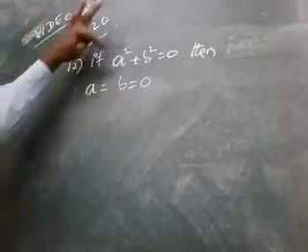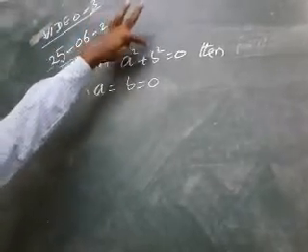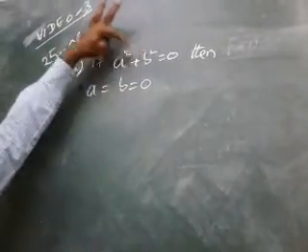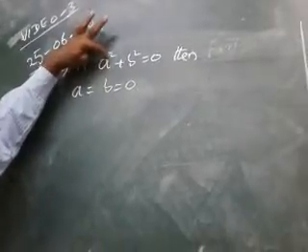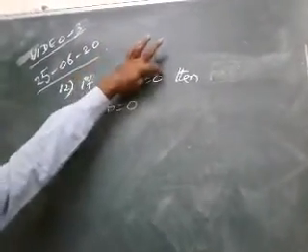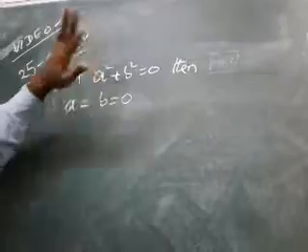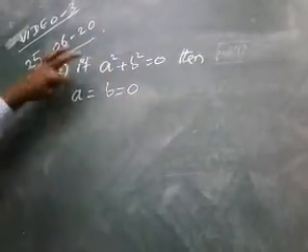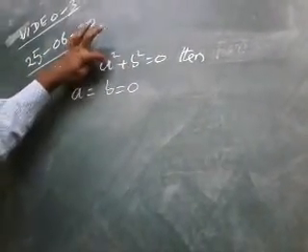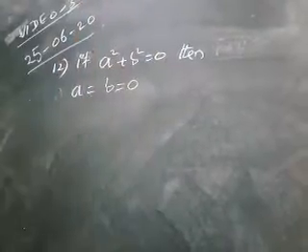Since a² is always positive and b² is also positive, if the sum of the two positive terms equals 0, then the two terms must be 0 only. If the two terms equal 0, then adding 0 + 0 we get 0 only.